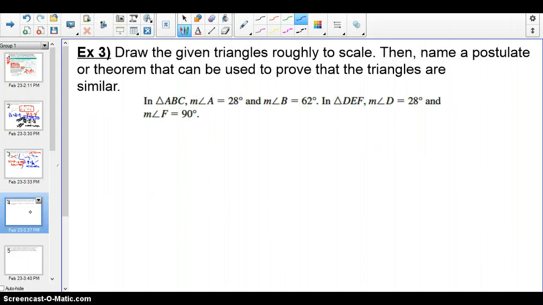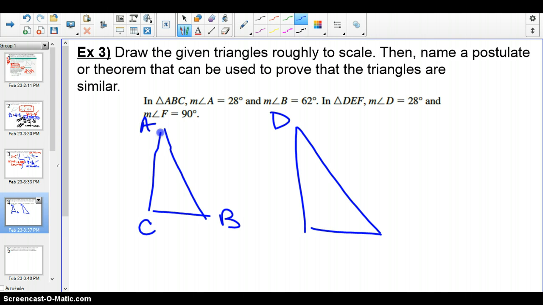Okay, a couple more. Draw the given triangles roughly to scale, then name a postulate or theorem that can be used to prove the triangles are similar. So I have triangle ABC, and DEF.